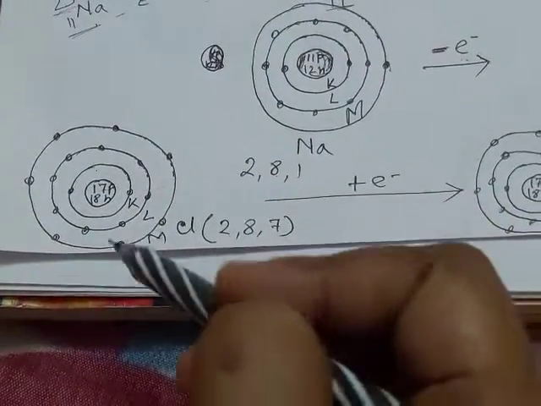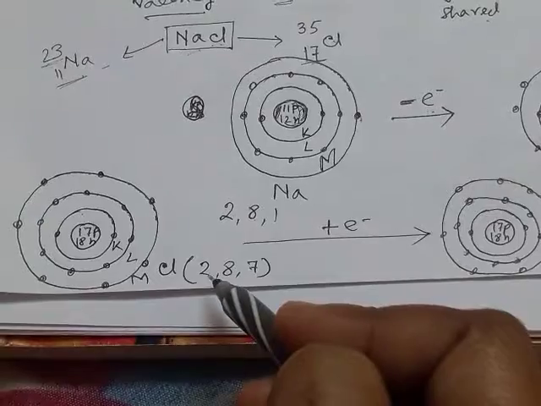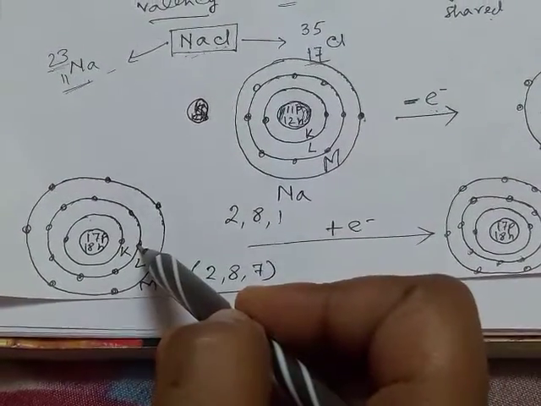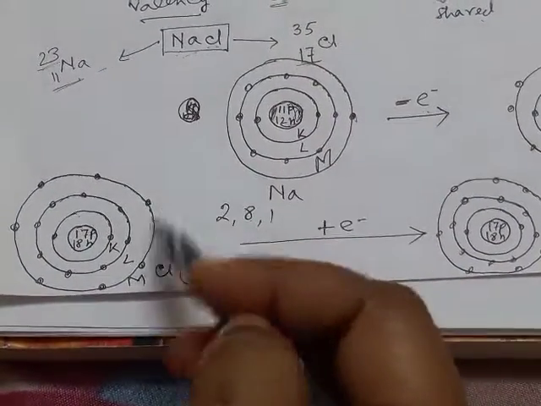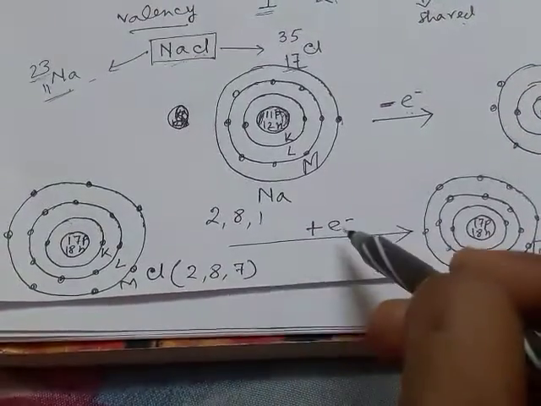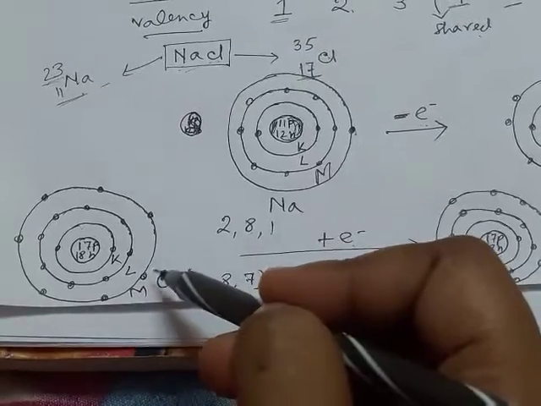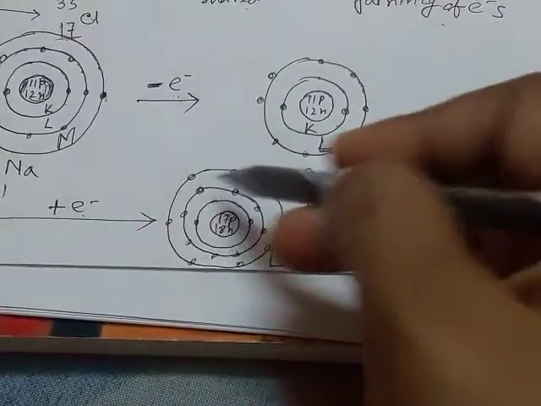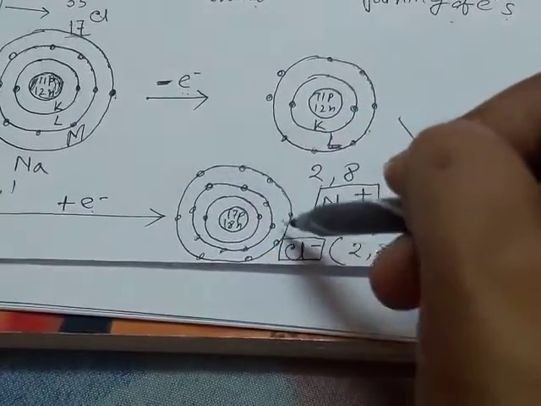Now if we consider the chlorine atom, the electronic configuration is 2, 8, 7, that is, in the K shell 2 electrons, in the L shell 8 electrons, and in the M shell 7 electrons. So to attain the stable electronic configuration, it will accept 1 electron in the M shell, that is, at the valence shell, and then there will be 8 electrons in the valence shell.